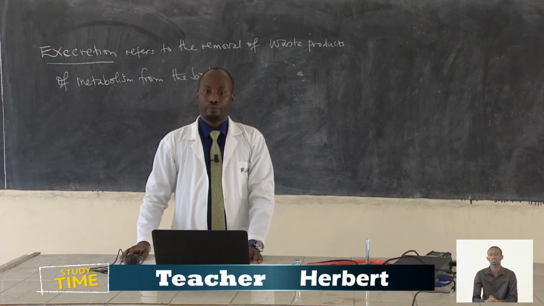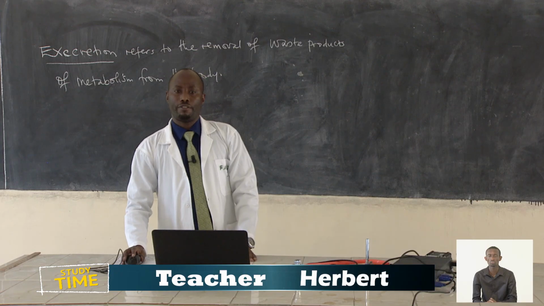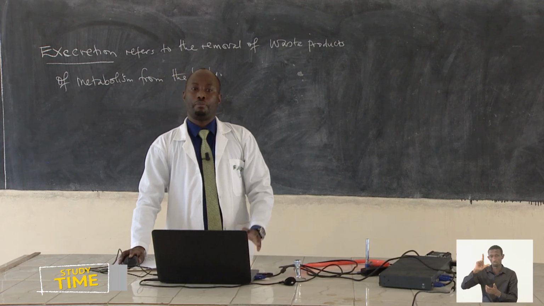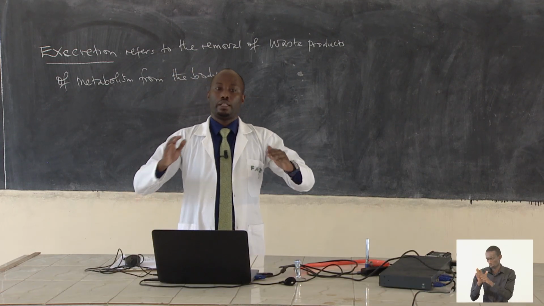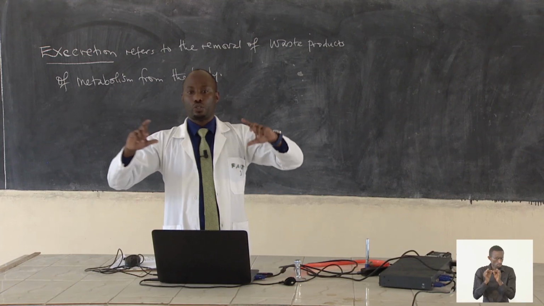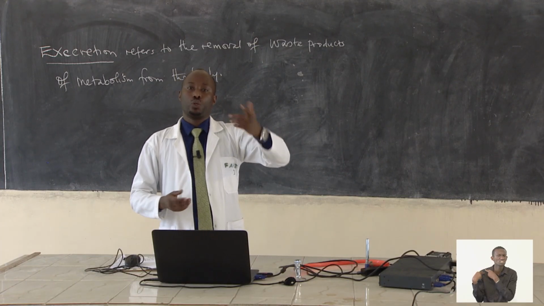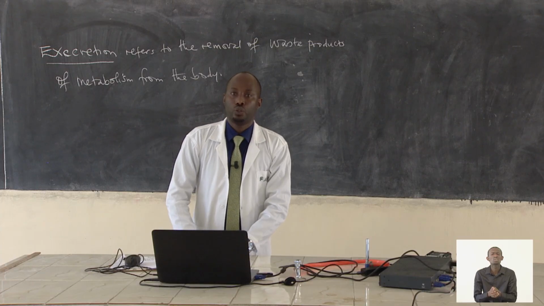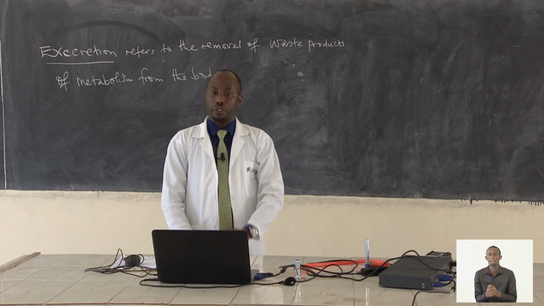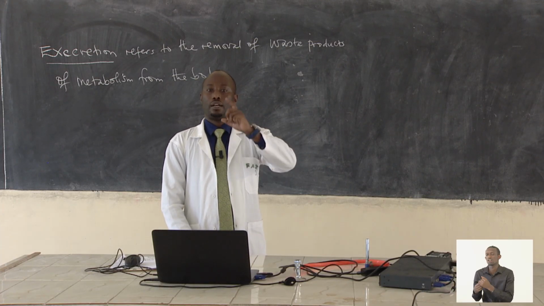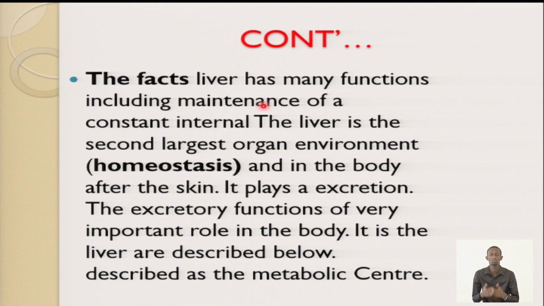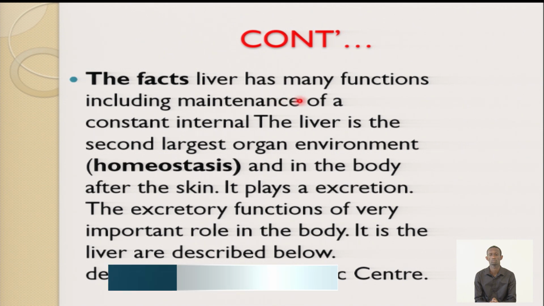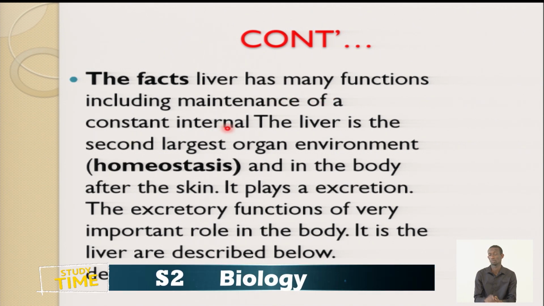Of course, the liver has very many functions. I told you in the lesson we're going to discuss the functions of the liver. What does the liver do in order to do excretion or homeostasis, the maintenance of a constant internal environment?